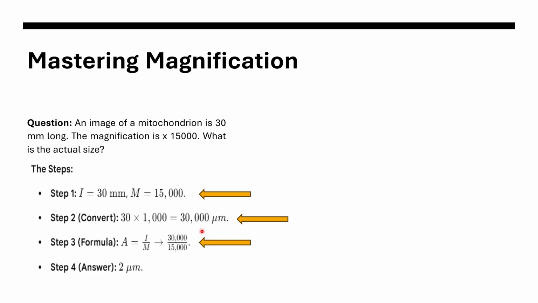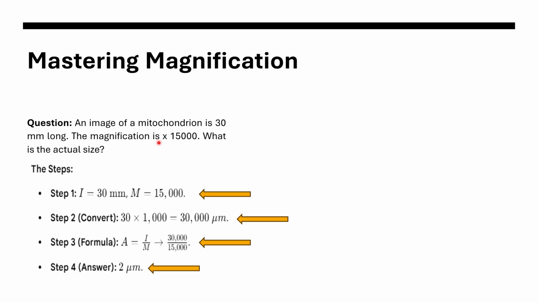So we divide 30,000 micrometer by the magnification, that is 15,000, and we find the answer, that is 2 micrometer. In this way we can easily calculate the actual size if we are given image size and magnification.